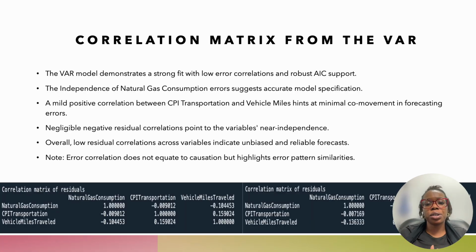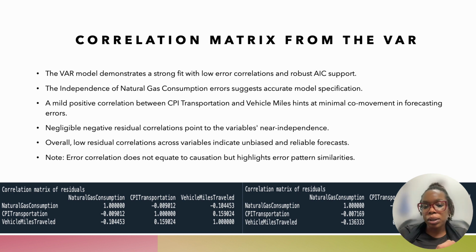The correlation matrix for the VAR model demonstrates a strong fit with low error correlation and a robust AIC. AIC is a measure of model fit used when evaluating a model. The independence of gas consumption error suggests accurate model specification.